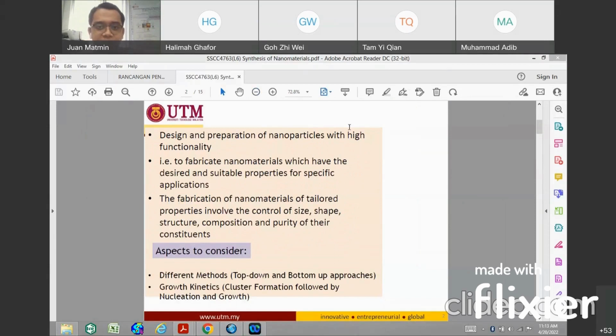Although this material is considered a nanoparticle, always remember that nano is 1 to 100 nanometers, okay? So their range is a bit limited, but there's always a way to design and prepare their functionalities, and these functionalities are going to have a specific application.